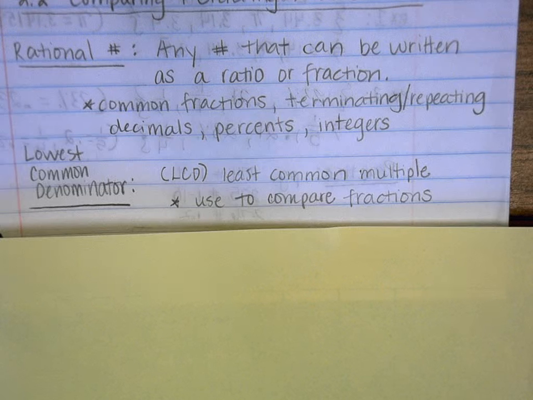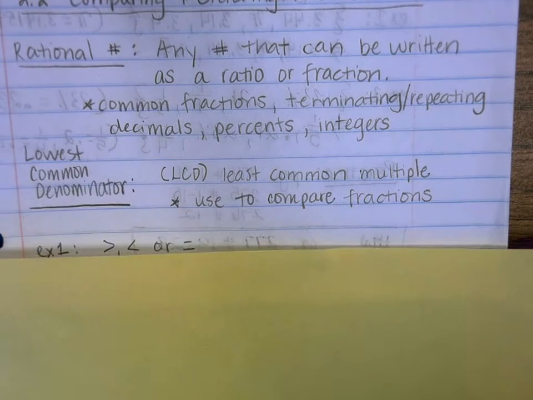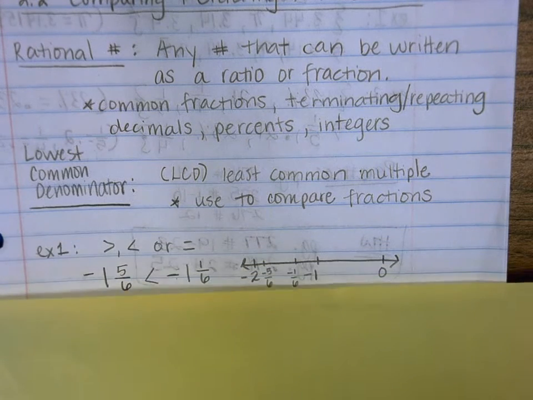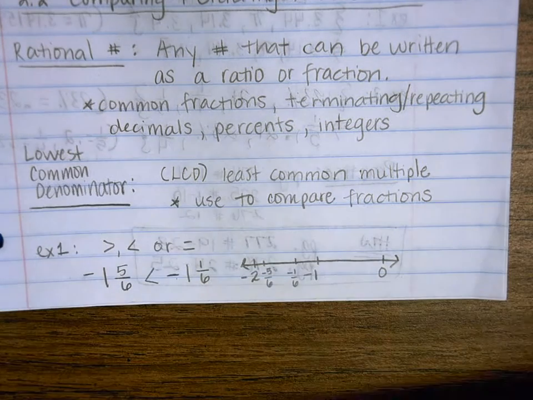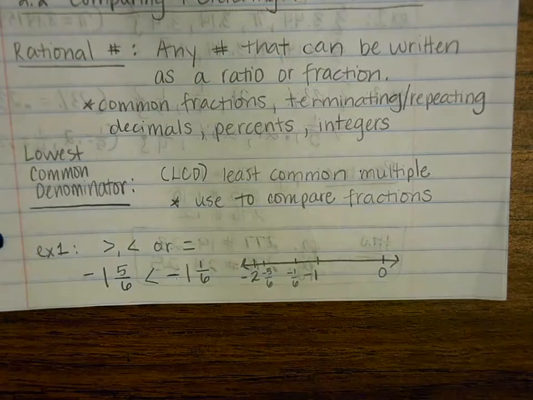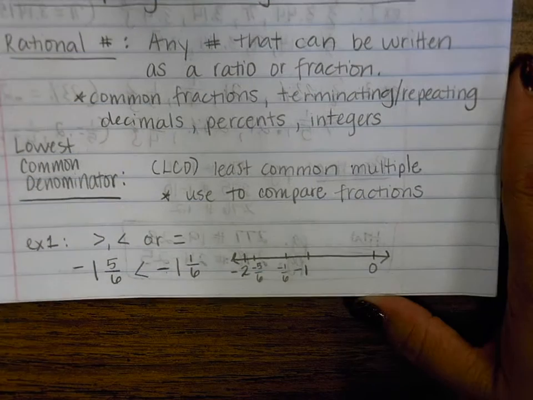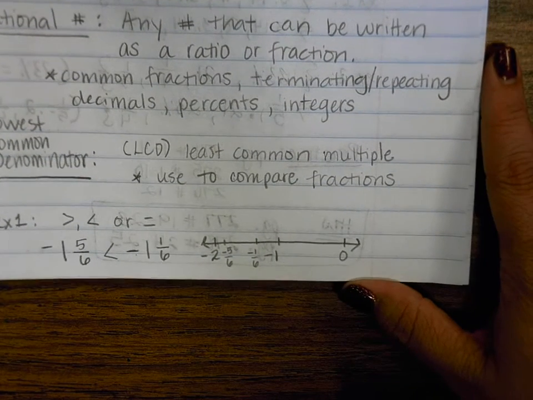It's the same thing. We're going to use that again, just to review what that is. So if it says use the LCD, that means you're finding the lowest common denominator. I'm going to give you an example of using the common denominator to compare fractions.